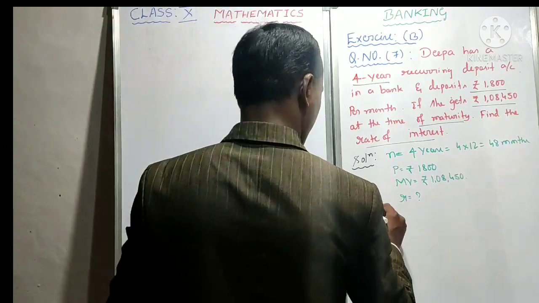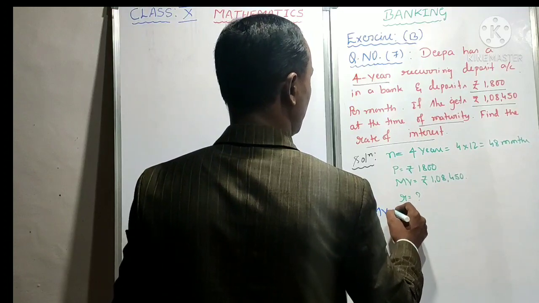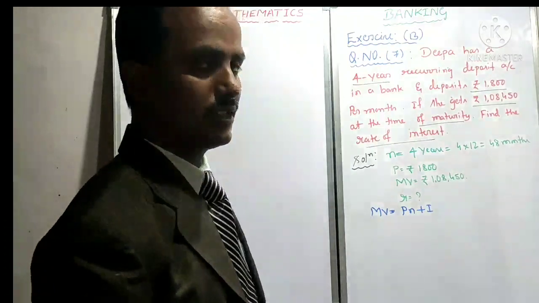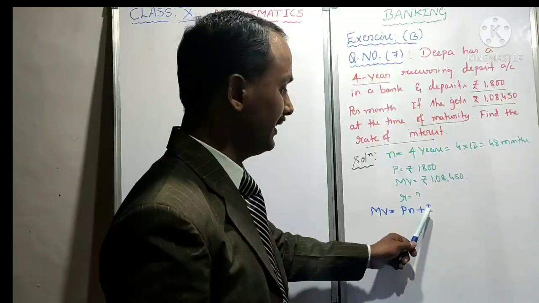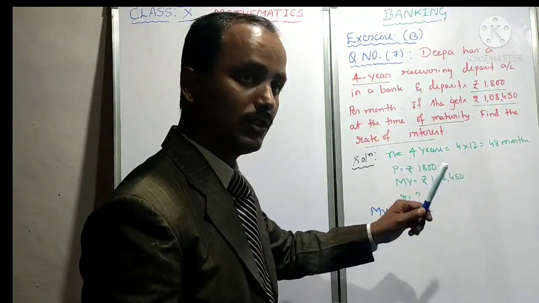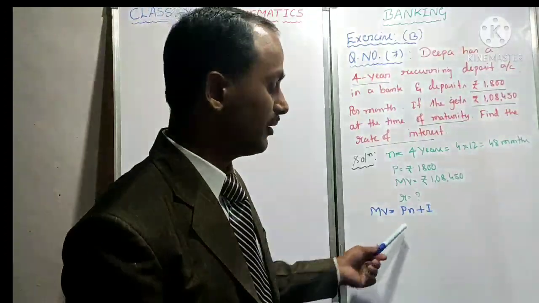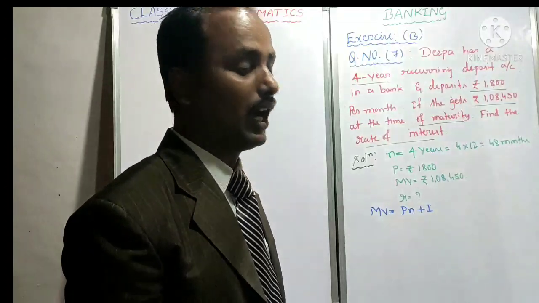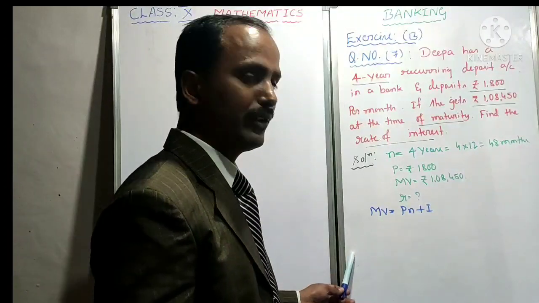See, I will write the first formula: maturity value is equal to Pn plus I. Depending on which type of problem comes, I write the complete formula. When they ask to find the time, I write the complete formula.